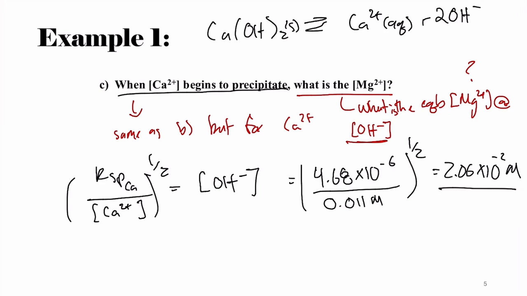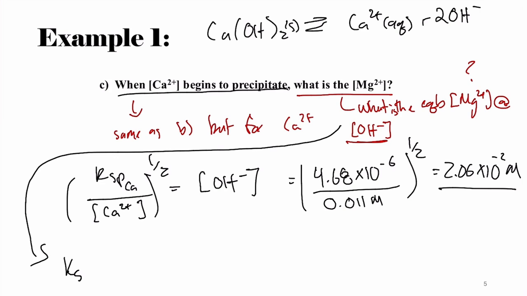Right, what is the equilibrium concentration of magnesium when we've added this much hydroxide now? So to do that, we have our KSP for magnesium, the solubility of that is equal to Mg 2 plus concentration times OH minus squared.